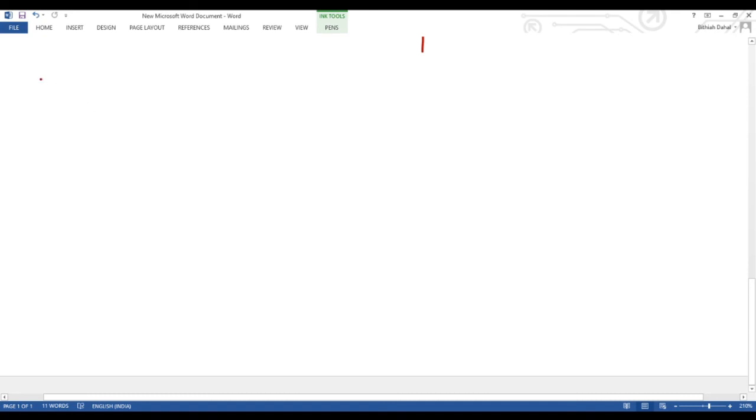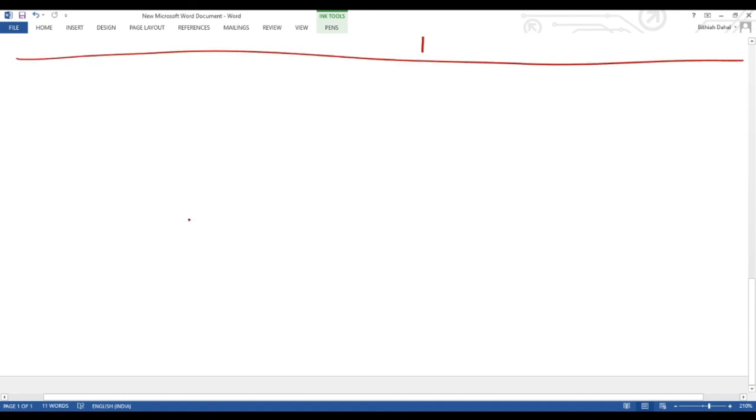Now the next one, the moment of inertia of a semicircular section. Semi means it is half of the circle, right? So let me draw the diagram first.